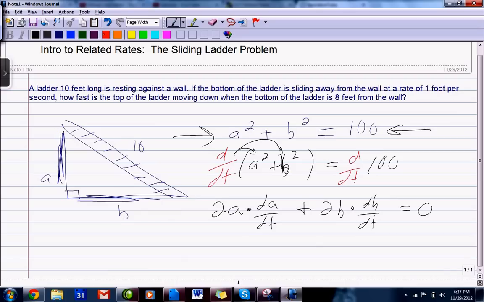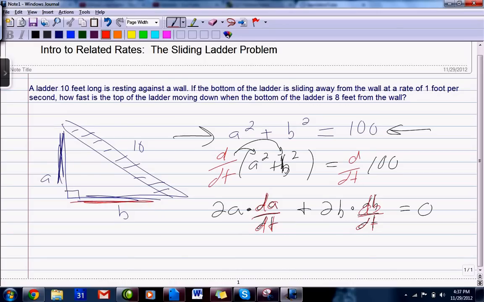Now, there are a couple rates in this particular equation. dA/dt is the rate at which a is changing. It's the change of a, the length, with respect to time. dB/dt is the rate at which this piece b is changing.